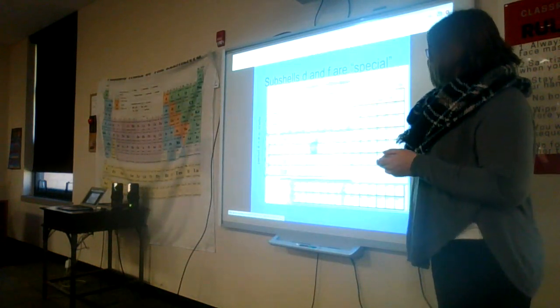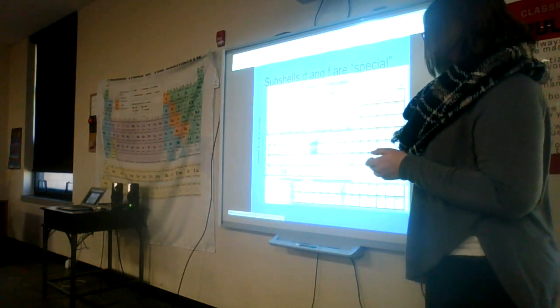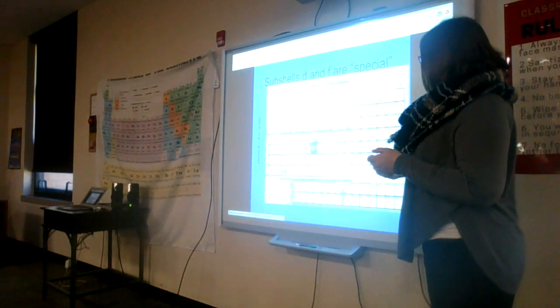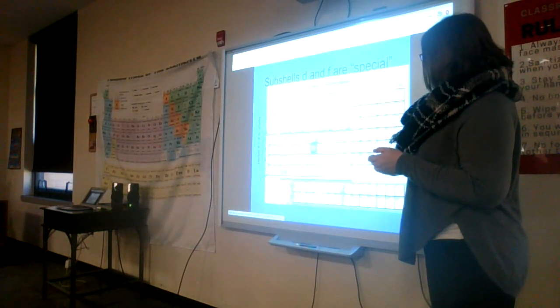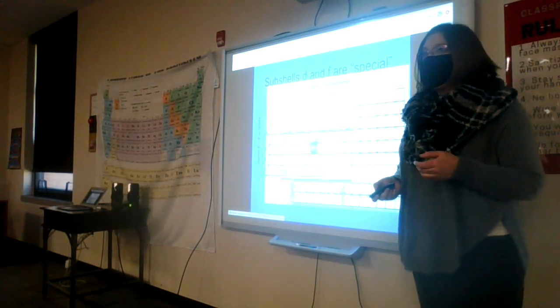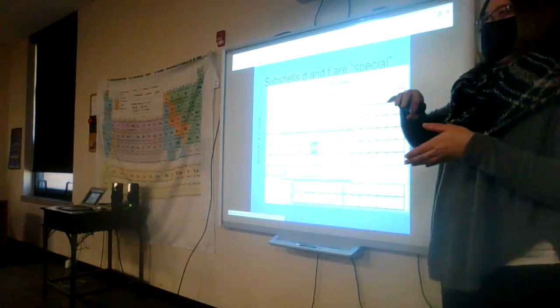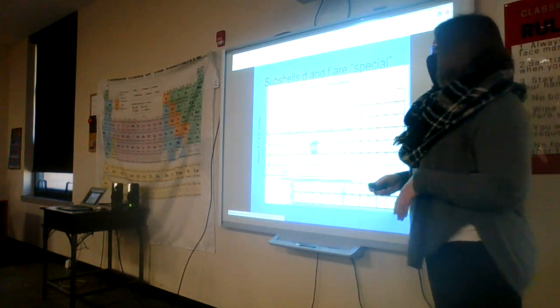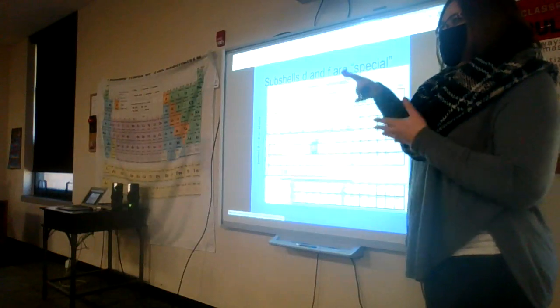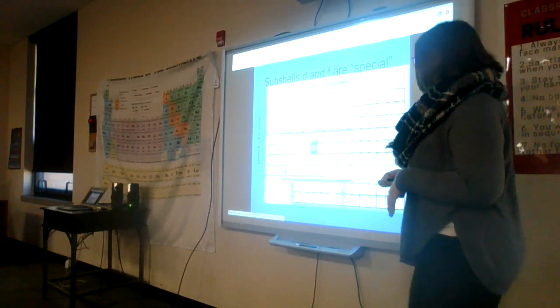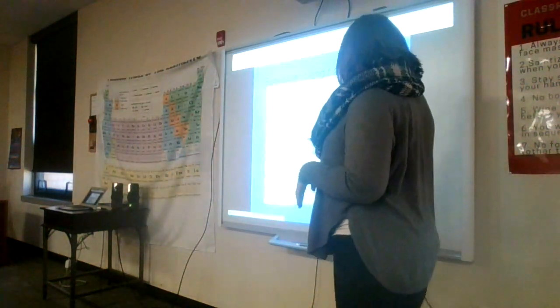So if these are also bumped up, that puts this lanthanide in the 4F, and then the actinides are put in 5F. So it's almost as if they're just shifted 1 up. Does everybody see that, as if you were to shift it 1 up? So we've got that bump there.